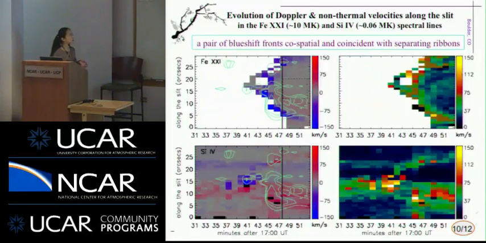The contours here are the flare ribbon emission from the silicon-4 line, and the vertical line denotes the flare peak time. From the iron-21 Doppler velocity evolution map, we can clearly see a pair of blue shifted fronts. And these dynamic fronts are spatially coincident with the separating two flare ribbons, the contours.